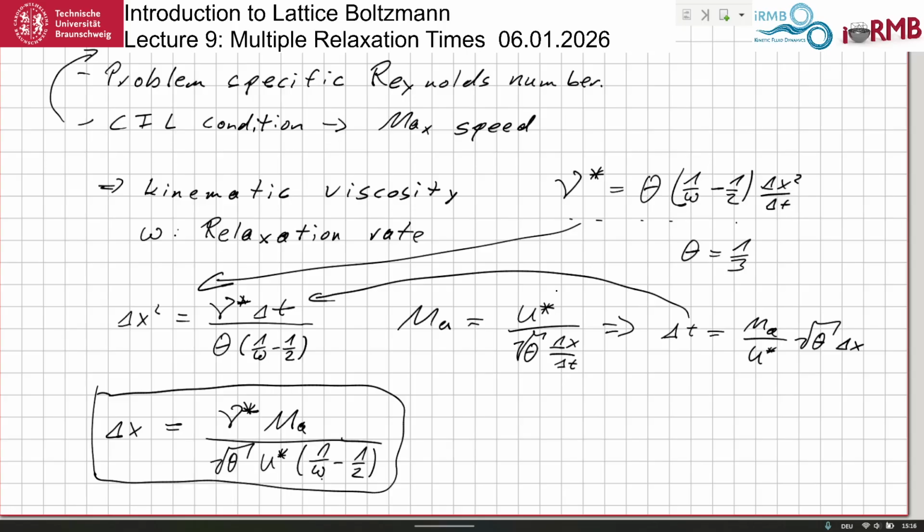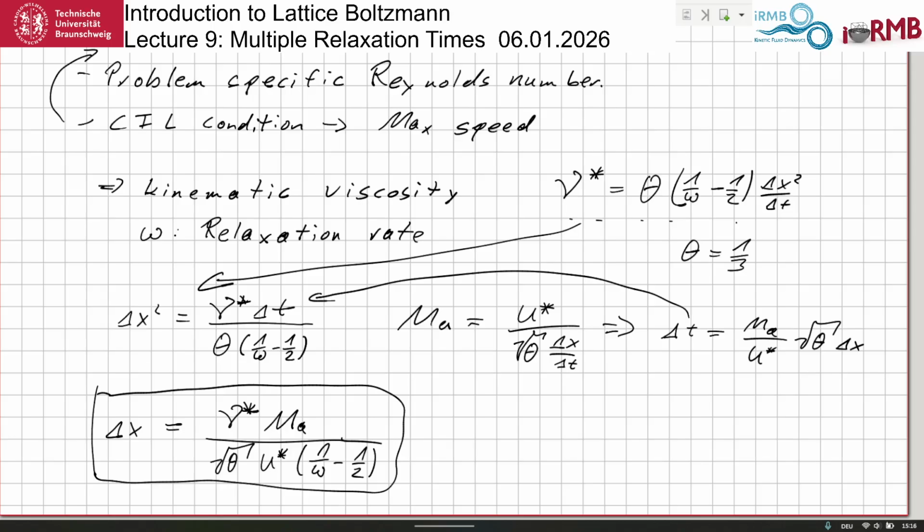The other thing that we can choose more or less freely is the omega. So given the physical velocity u and given the physical viscosity nu, we can choose omega, and by choosing omega we modify delta x.